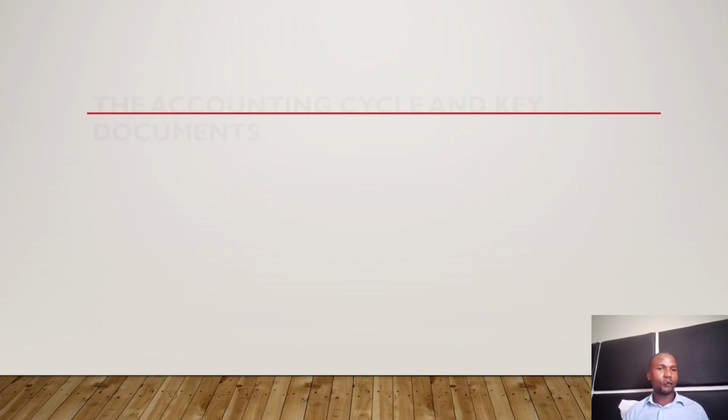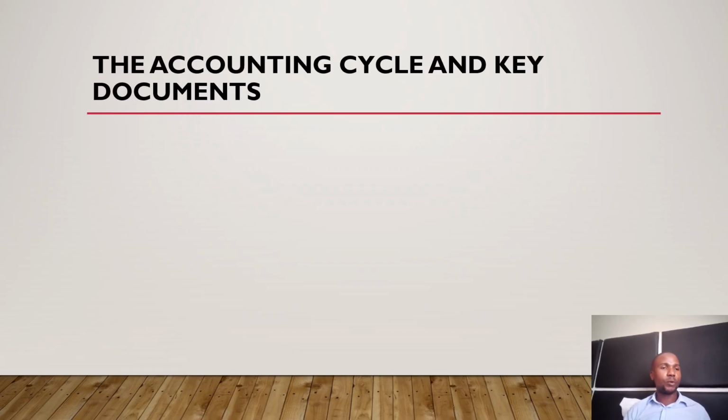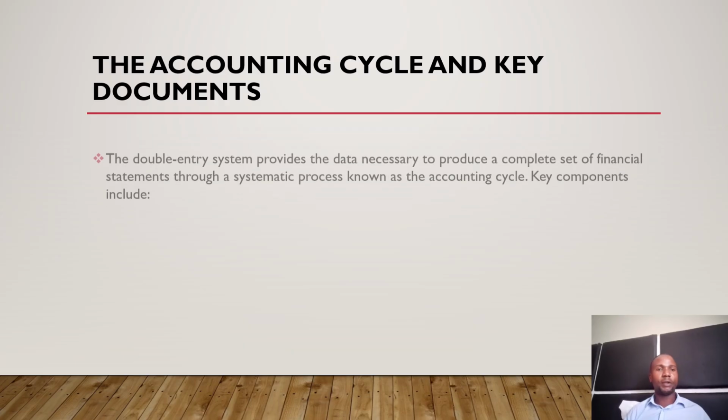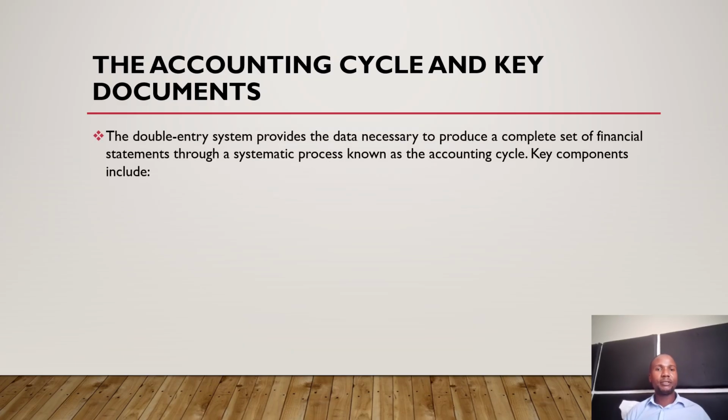Now moving on, we're going to look at the accounting cycle, a step-by-step method from the point of recording up to reporting. The double entry system provides the data necessary to produce a complete set of financial statements through a systematic process known as the accounting cycle.